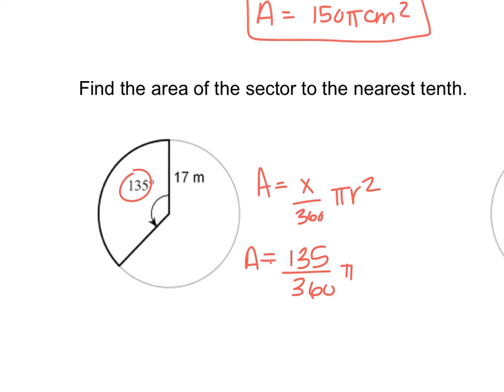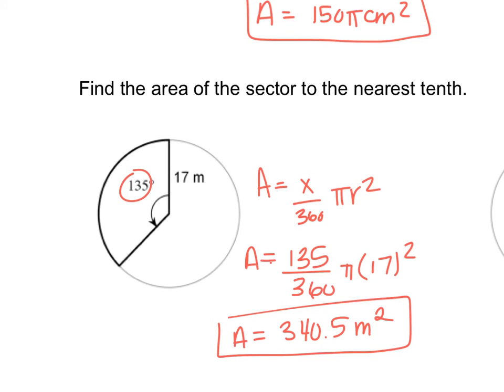I write my pi, and I write my radius of 17, and I square it. We type this exactly into our calculator as written, and you should get 340.5 meters squared. And that's your final answer.